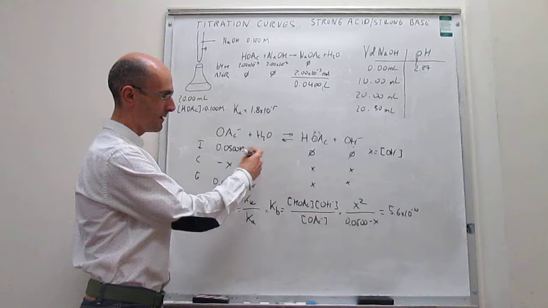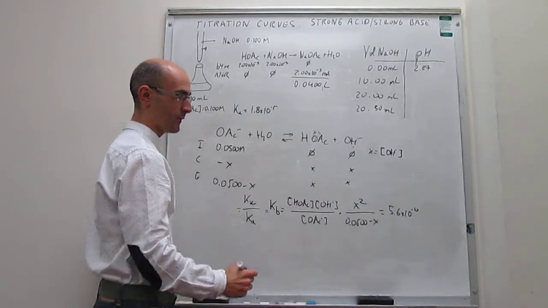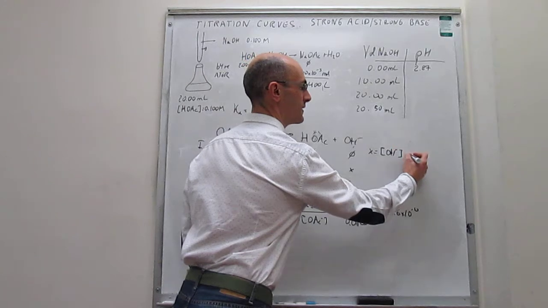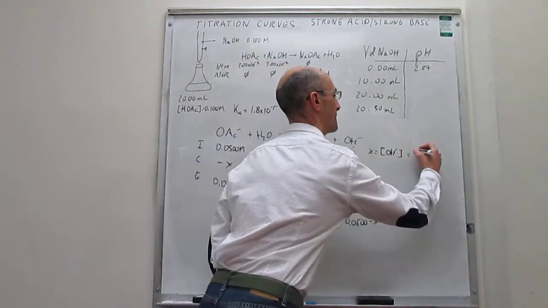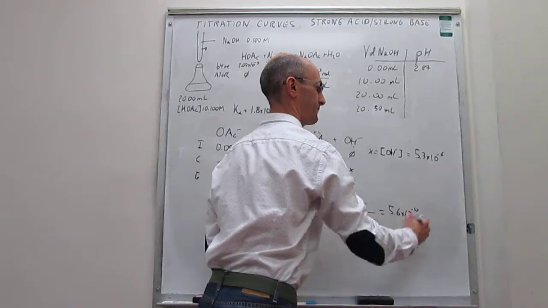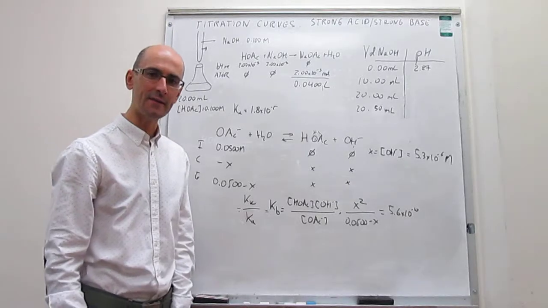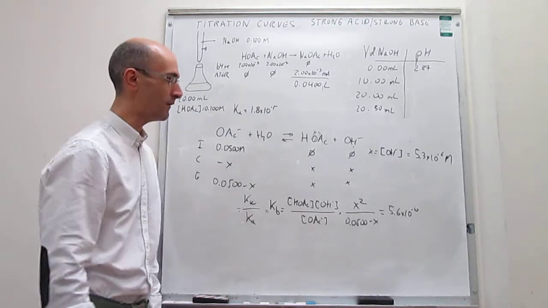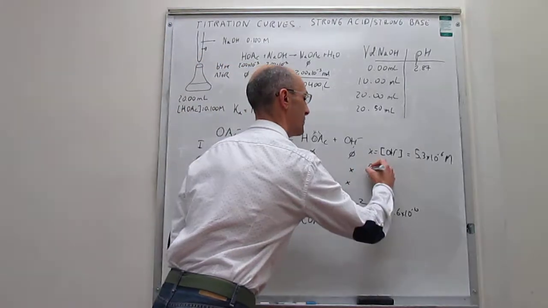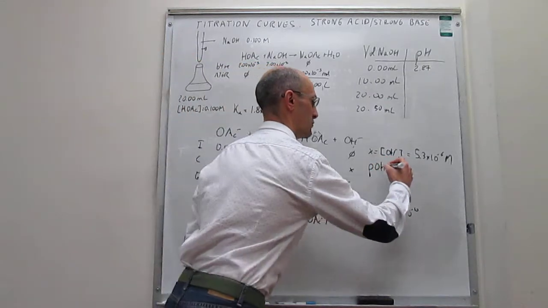Notice that this is a base equilibrium, so your product is hydroxide, not protons. The concentration of hydroxide here is going to be 5.3 × 10^-6 molar. From here, you can take the minus base 10 logarithm of that number to generate the pOH. And this is equal to 5.28.